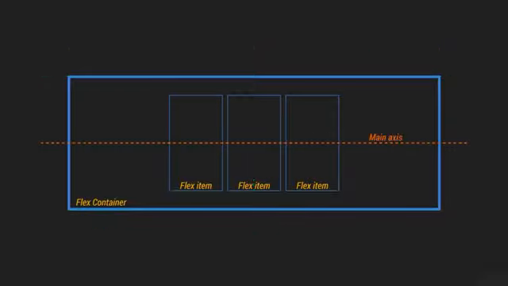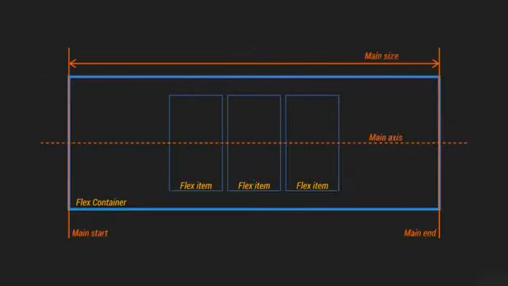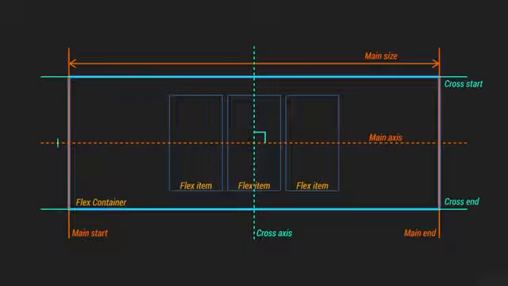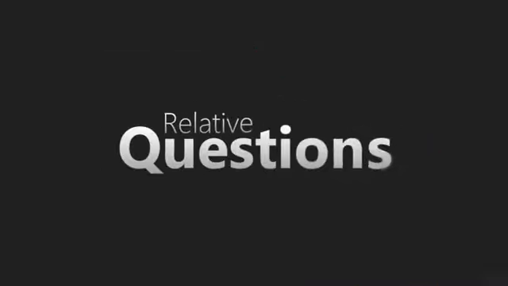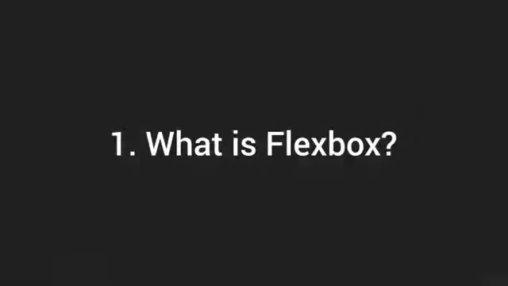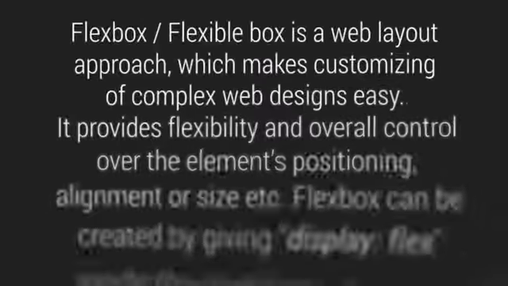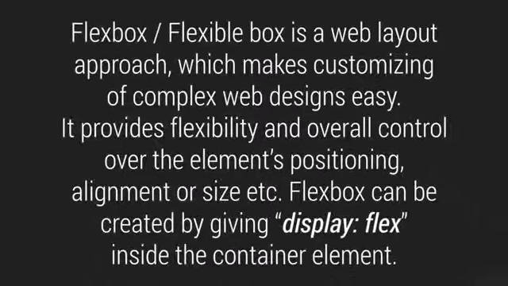So this was some basic information, some terminologies about the Flexbox which needed to be shared before we start working with them. Let's talk about a relative question. So what is a Flexbox? So it's a flexible box, that is a web layout approach which makes customizing of complex web designs easy.